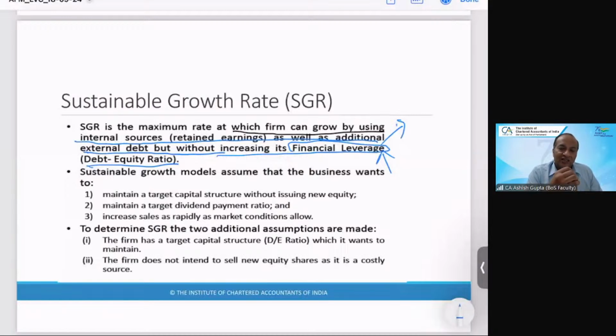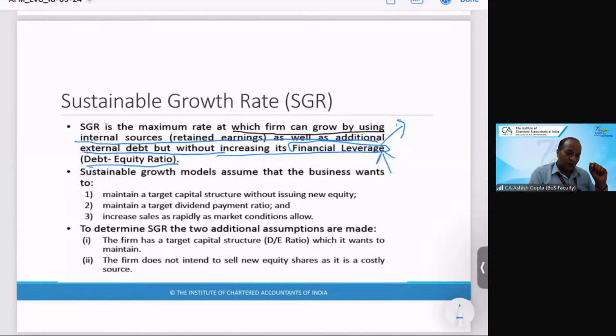Because generally the cost of debt is lesser than the cost of equity. Accordingly, when we increase debt in our capital structure, we take the tax benefit, and ultimately the profit available for the equity shareholders becomes higher. However, it also works in the opposite direction. That's why financial leverage is said to be a double-edged sword.